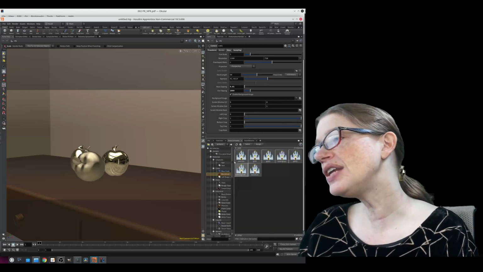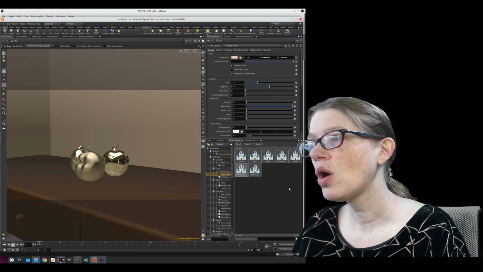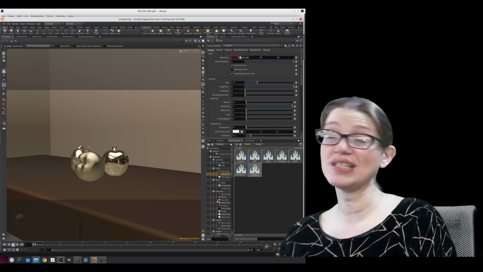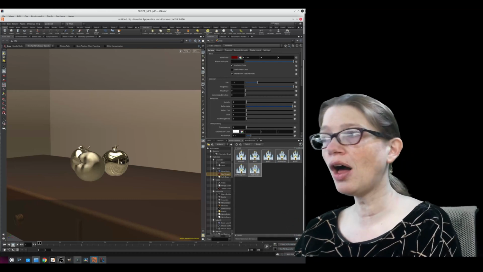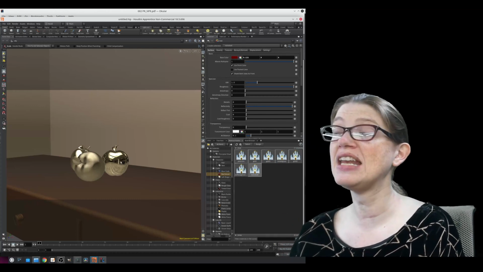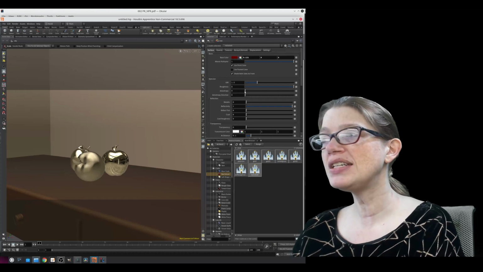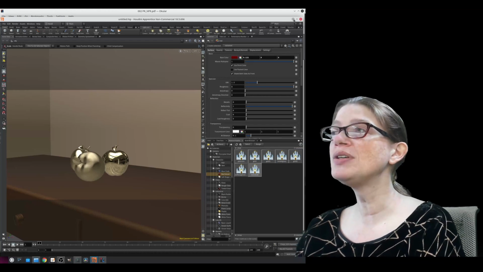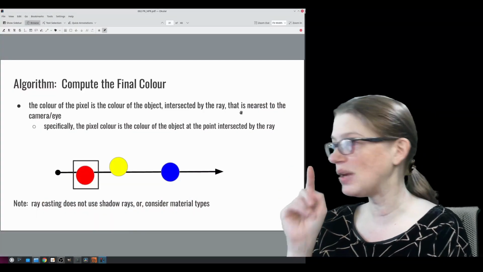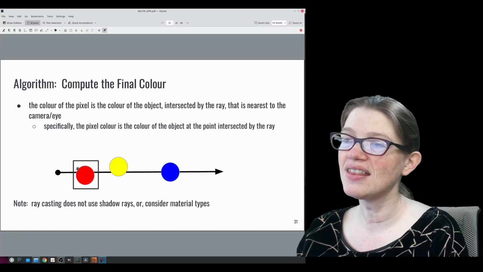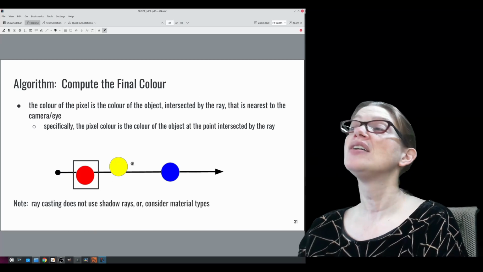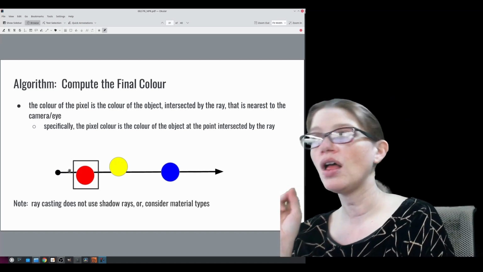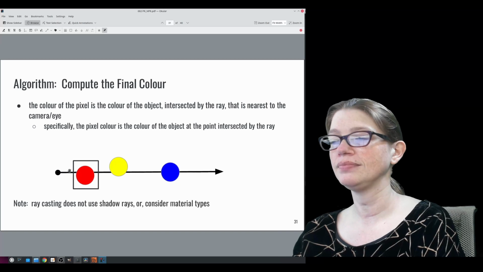Houdini has this whole lovely material palette where I can manipulate these different materials, and I can even make my own materials. So every object is going to have a material associated with it. Most materials have a base color or diffuse color, and when we're doing ray casting, that's the color we want. So we are going to set the color of that pixel to the base or diffuse color of the object that was closest to the camera for that ray pixel.